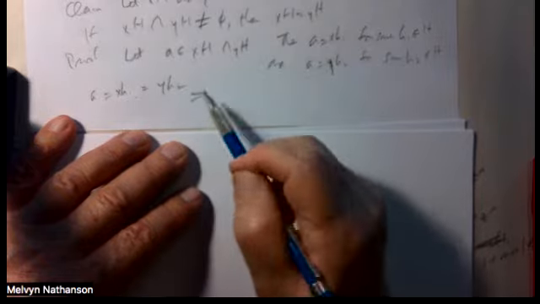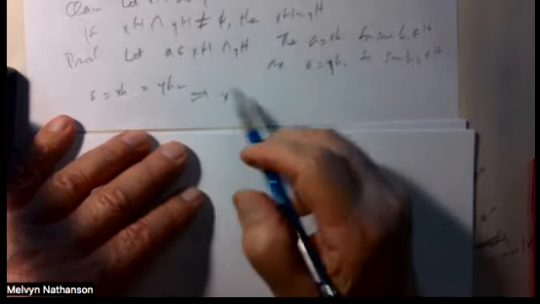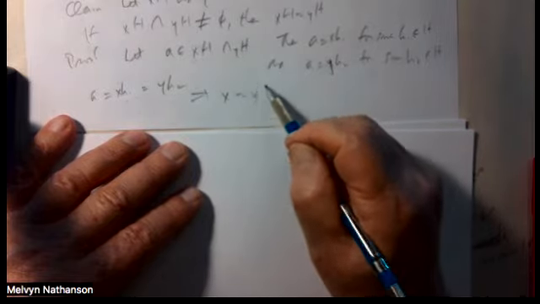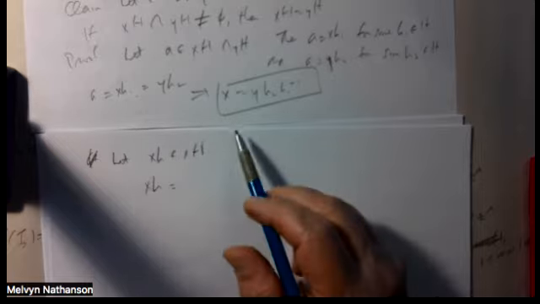But this means that if I multiply on the right by h1 inverse, x is yh2h1 inverse. So if you take any element xh in this left coset xH, I can write it as yh2h1 inverse h.